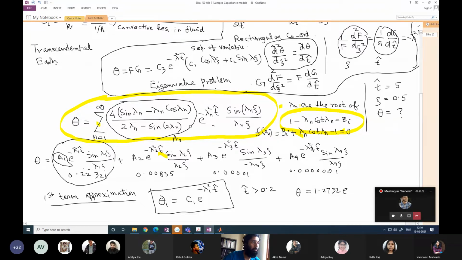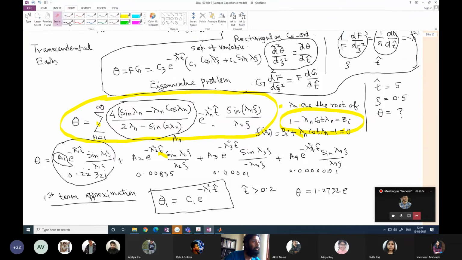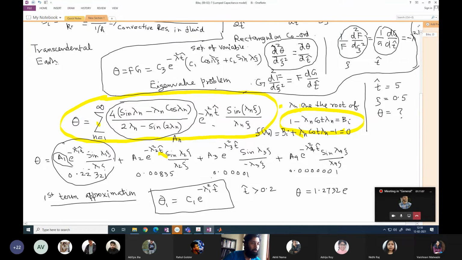So A1 is C1. So this is time, and we have this sine lambda 1 zeta divided by lambda 1 zeta. Okay, now we are good.